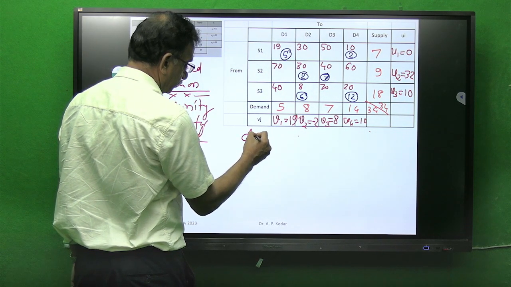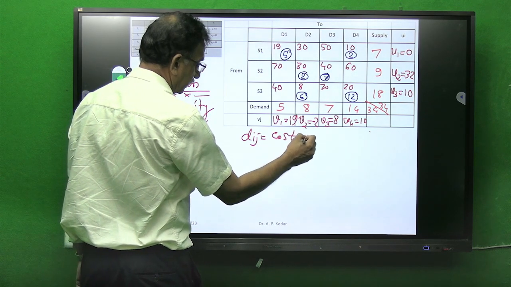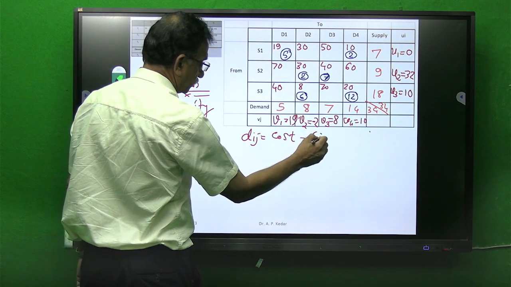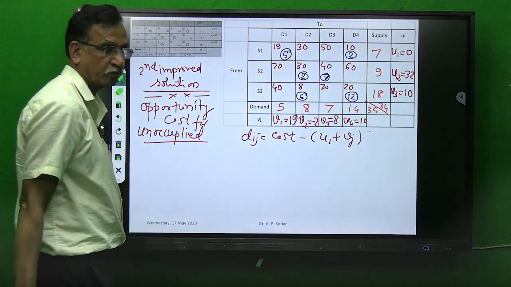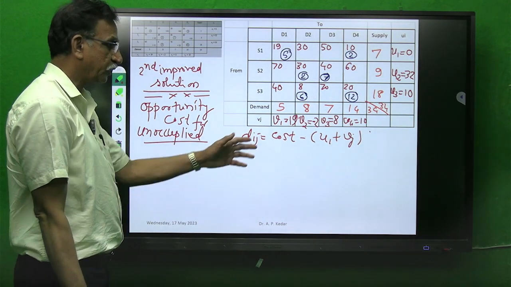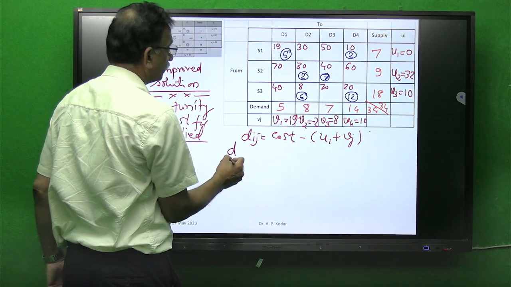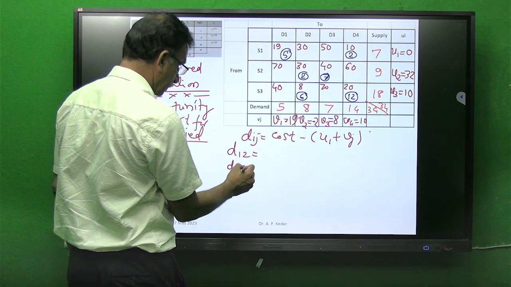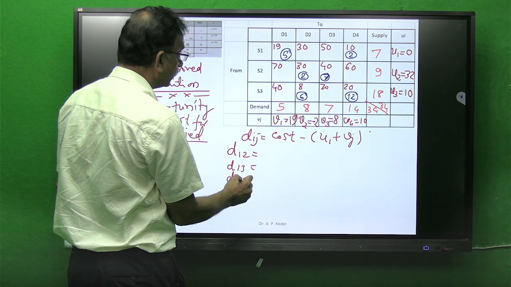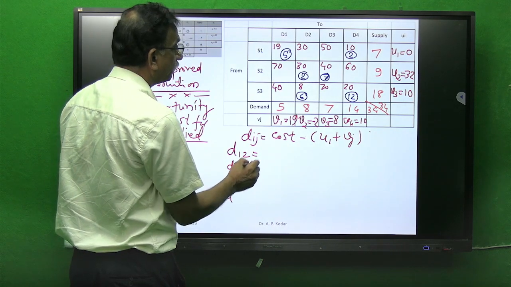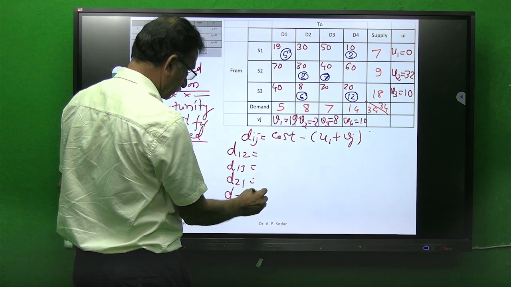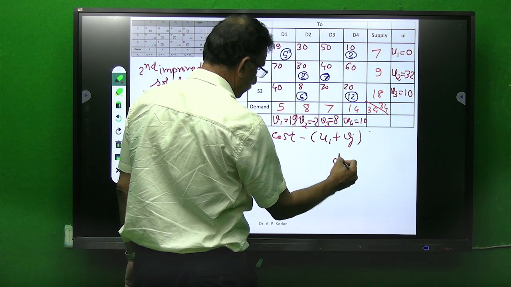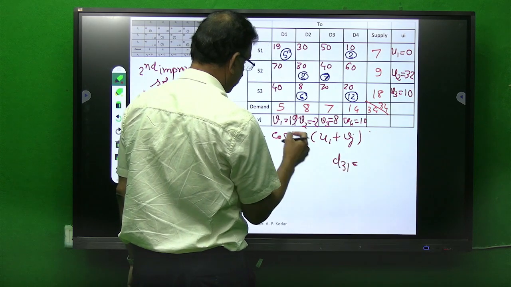So here, for finding the opportunity cost of the unoccupied cells, which we express in the form of Dij's, you know Dij is equal to cost minus ui plus vj. Cost minus ui plus vj. So now you have to identify D12 first, then D13, then D21, then D24, then D31 and D33.